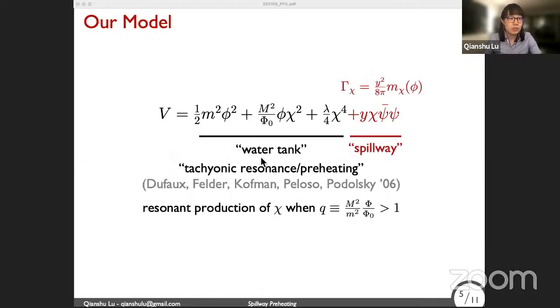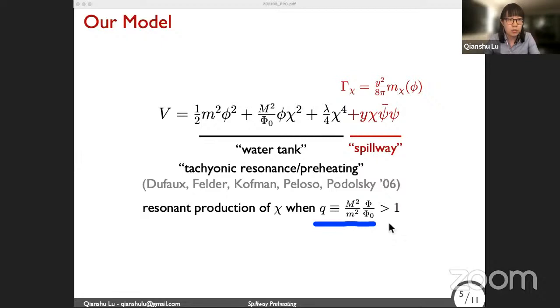Now, it is known for a very long time in the literature that this time-dependent mass term for chi is going to cause a resonant production of the chi field when a certain condition is met. This condition is on this resonant parameter, which I call Q, defined as the ratio of the typical mass scale of chi to the inflaton mass, multiplied by the ratio of the inflaton oscillation amplitude at any given point in time to its initial oscillation amplitude.